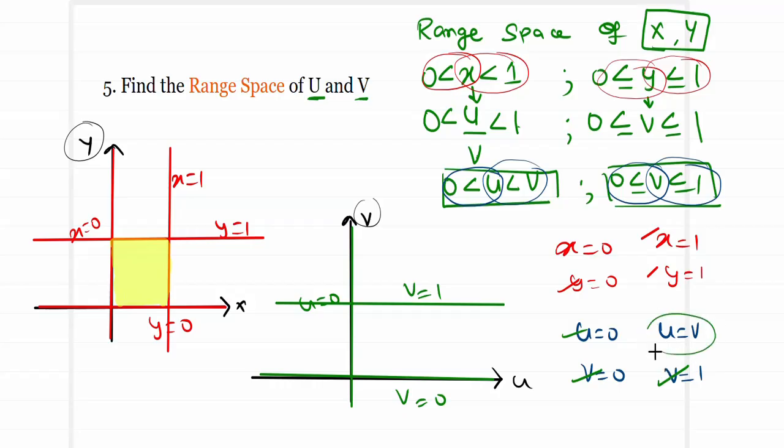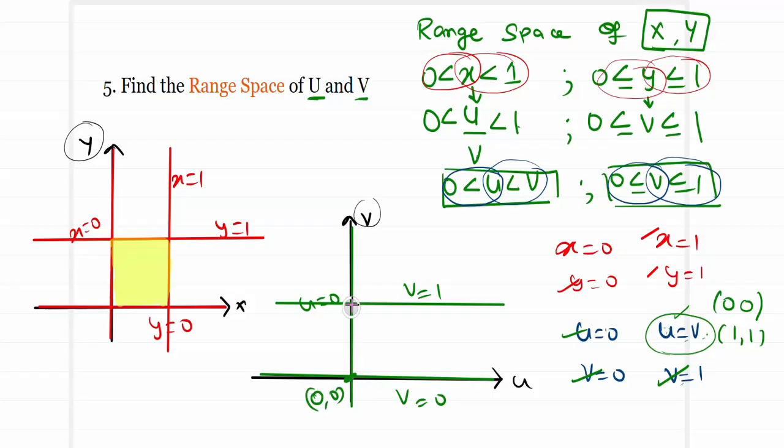The one last line left is u equal to v. How to draw this line? Give u as 0. When u takes the value 0, v also takes the value 0. When u takes the value 1, v takes the value 1. When v takes the value 1, u also takes the value 1. So this line u equal to v passes through the points (0, 0) and (1, 1). This is the point (0, 0). Where will (1, 1) be?